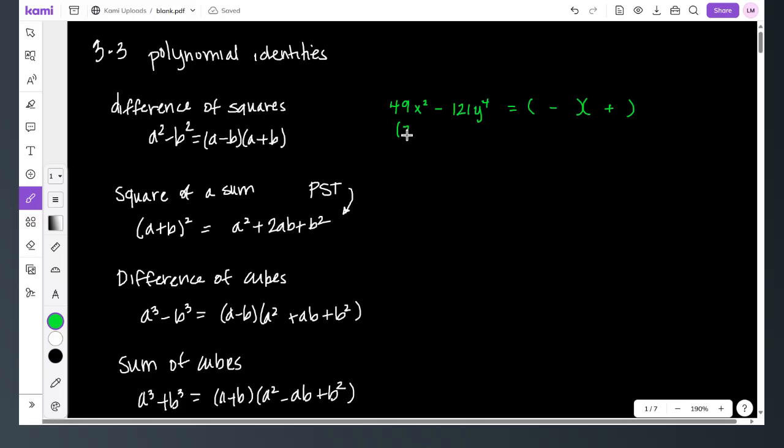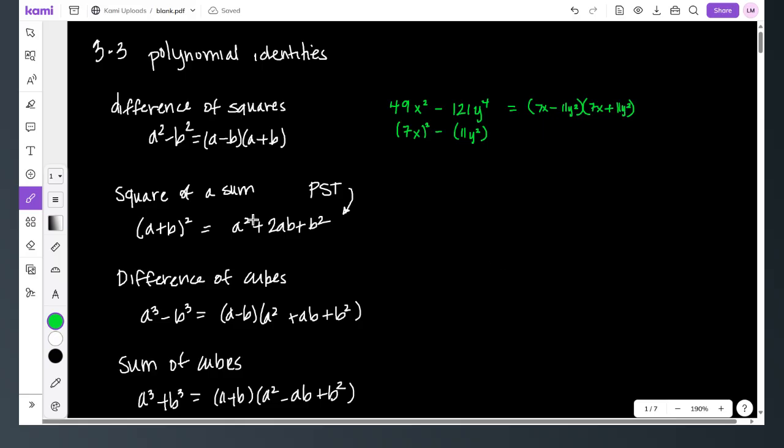The square root of 49 is 7, and the square root of x squared is x. The square root of 121 is 11. The square root of y to the fourth is y squared. Remember, I divide my exponents by 2 when I'm trying to figure out the square root of those. So I have 7x minus 11y squared and 7x plus 11y squared.